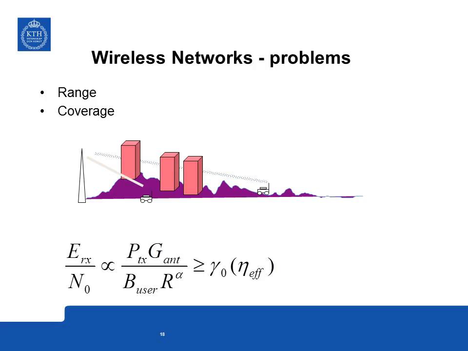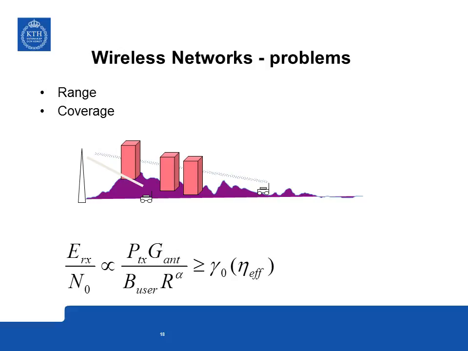There are two types of problems related to wireless networks. One has to do with the range or the coverage. In this example, we can see two mobile terminals connected to a base station.